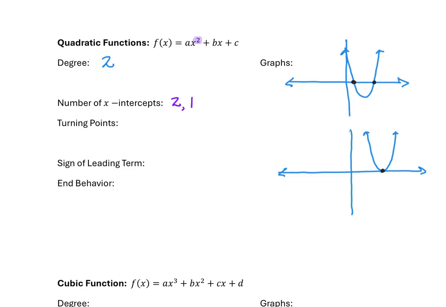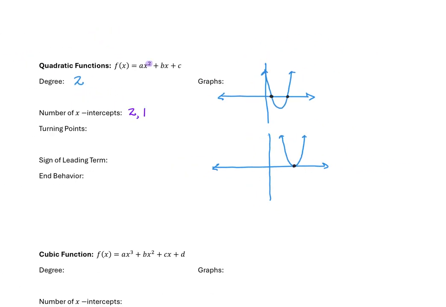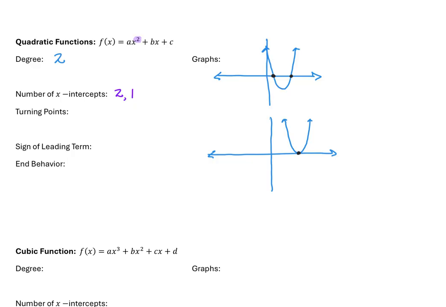But we still have one more: we talked about graphs that never touch the x-axis. And so it's possible to have 0 x-intercepts.